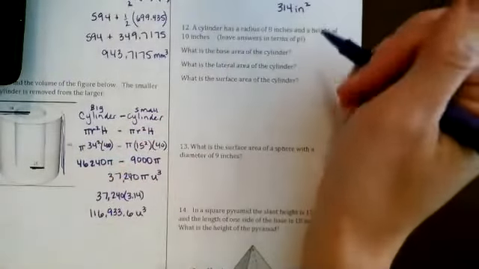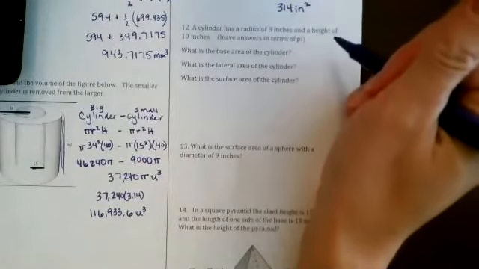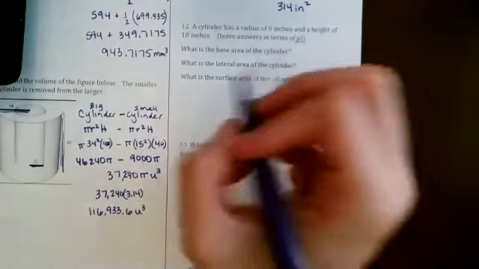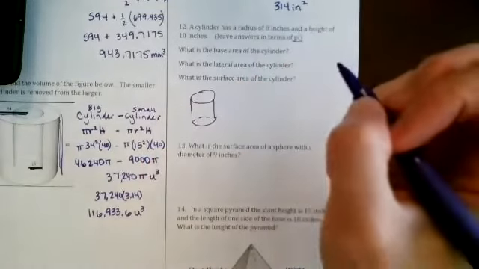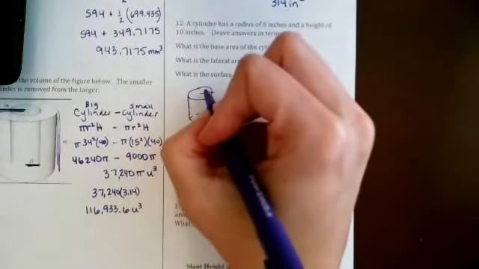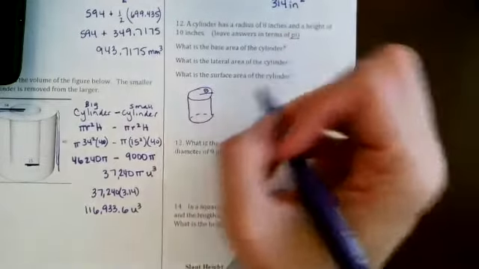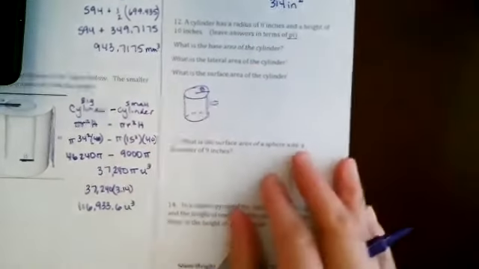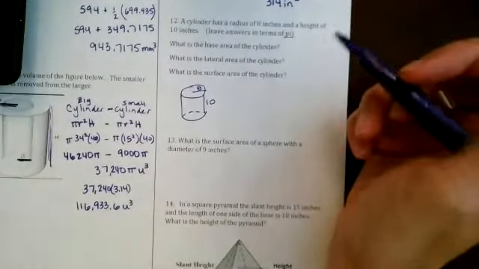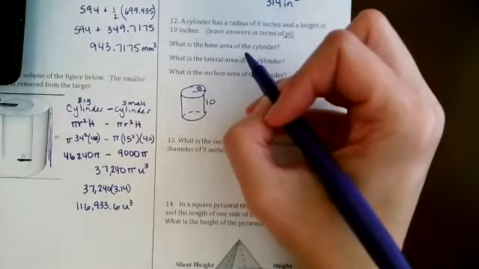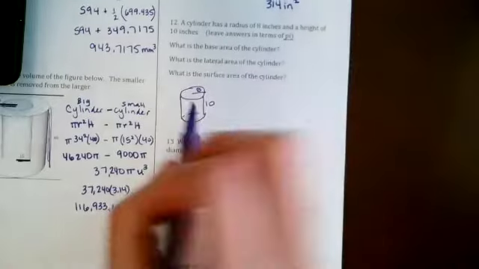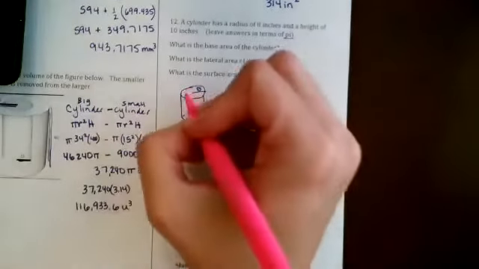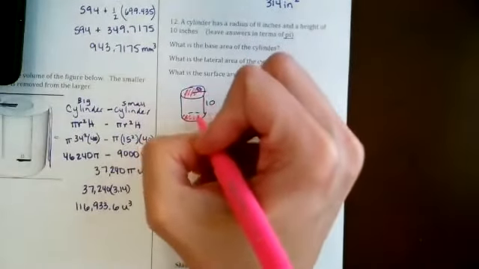Okay, a cylinder has a radius of 8 inches and a height of 10 inches. Leave answers in terms of pi. So I have a cylinder. I have a radius of 8. I have a height of 10. I need to know what my formulas are. Okay, this says what is the base area of the cylinder. So the bases of a cylinder are the circles.